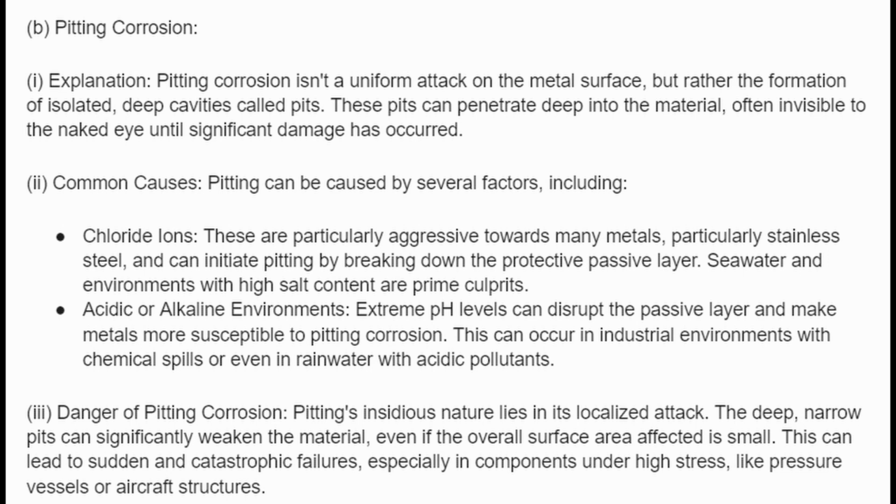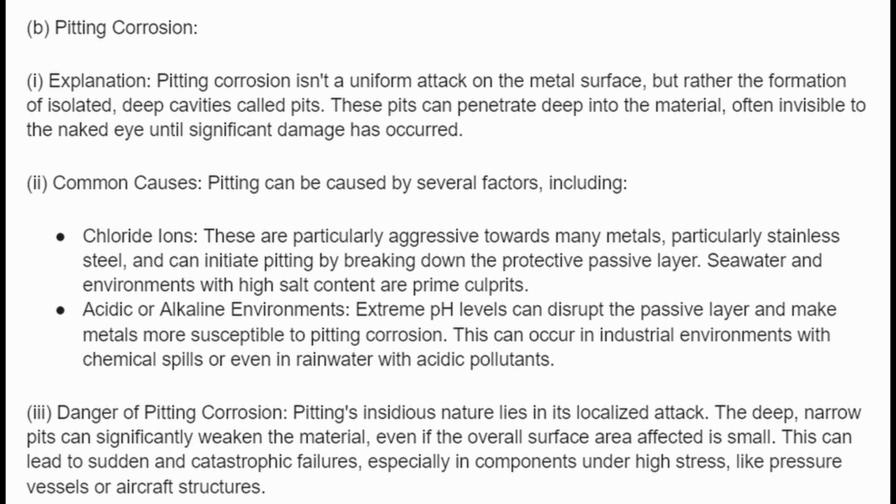Pitting can be caused by several factors, including chloride ions. These are particularly aggressive towards many materials, particularly stainless steel, and can initiate pitting by breaking down the protective passive layer. Seawater and environments with high salt content are prime culprits.